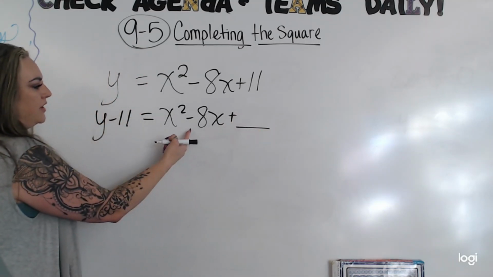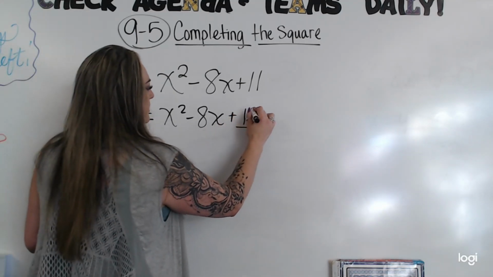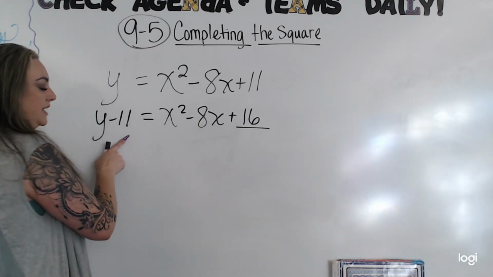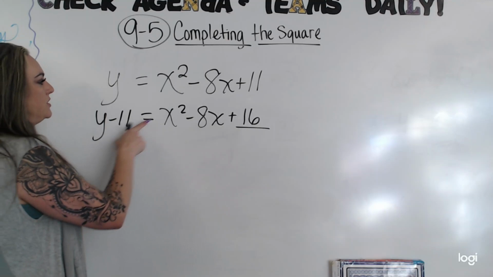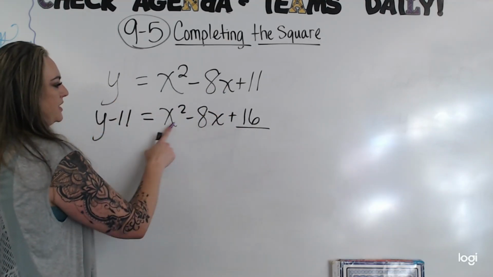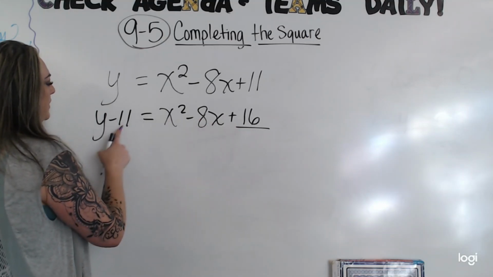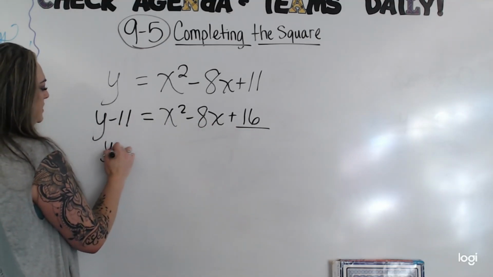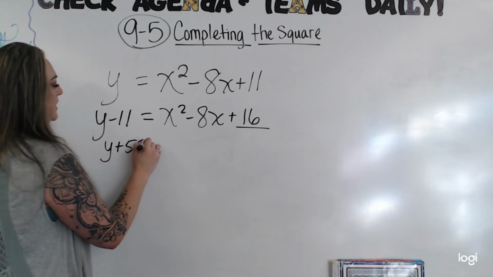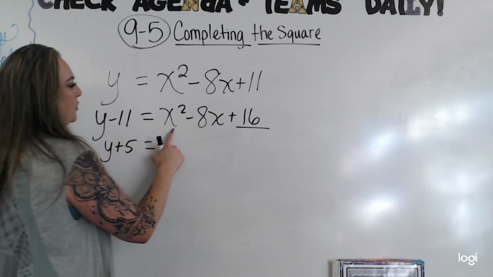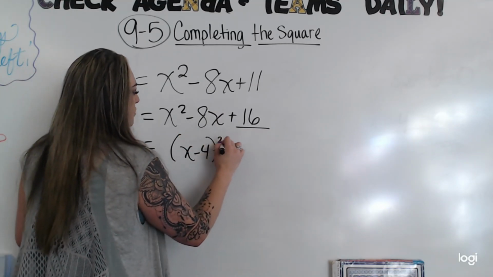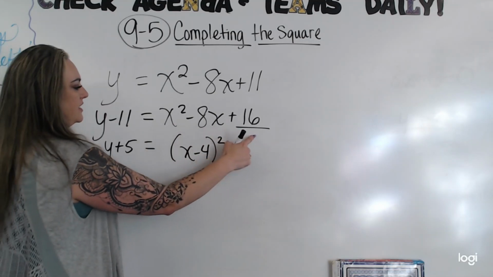Well, if you square -4, you get positive 16. But now we've got to add that 16 here, right? We subtracted 11 on both sides. It moved over here. We added 16 because that's what makes this the perfect square. And now we need to add it here. So this now becomes y plus 5, right, of -11 plus 16 equals, we write this with our parentheses, and it's x minus 4 squared. That's what gives us this.